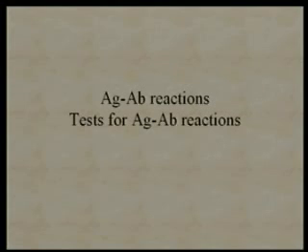Which test is used depends upon the throughput in the particular lab that you'll be associated with. Very large labs will have more sophisticated ways of doing this. But what we want you to get out of this is the principle behind these types of tests that use antigen-antibody reactions to measure things for you.